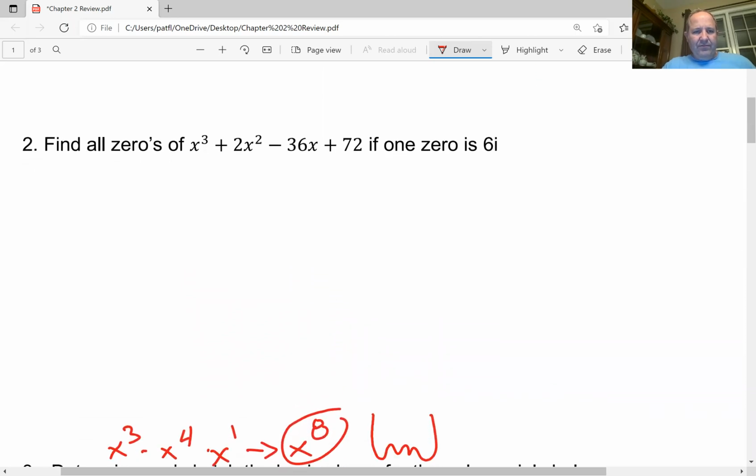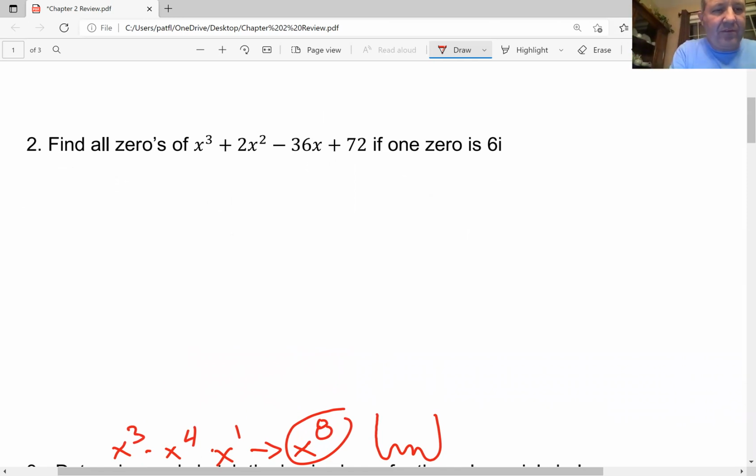Okay, here's one of them. Find all the zeros when one zero is 6i. Okay, pause it. Otherwise, I'm going to get started. So if 6i is a 0, I should be able to do this synthetically.